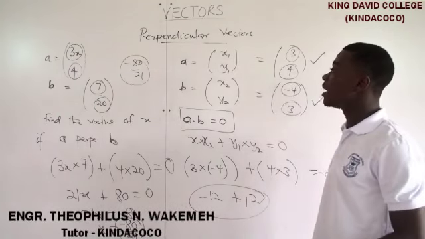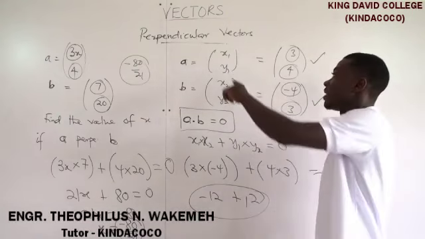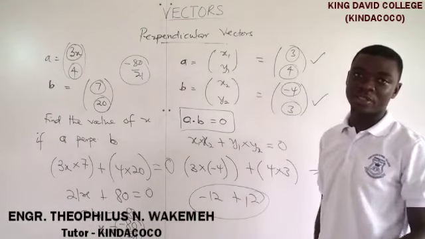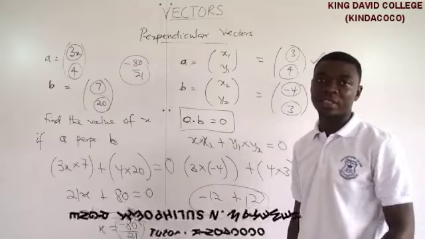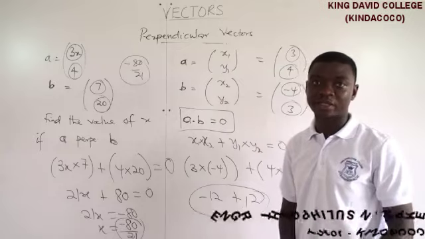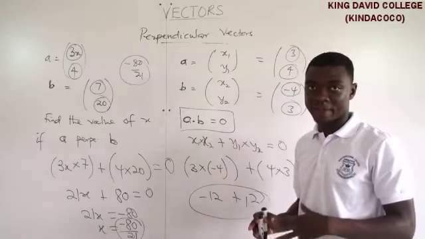Imagine they've given you the vector in the form magnitude and direction. How then do you get the x and then your y? That is the concluding part of the vectors. Okay? How do you get the x and then the y?